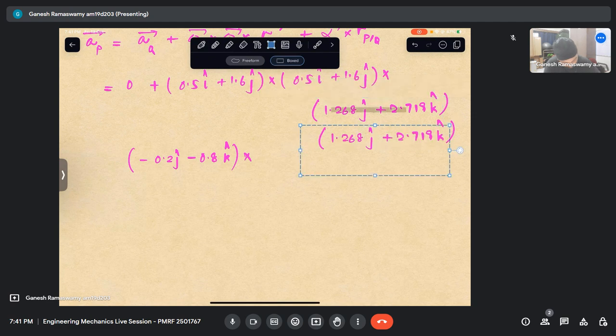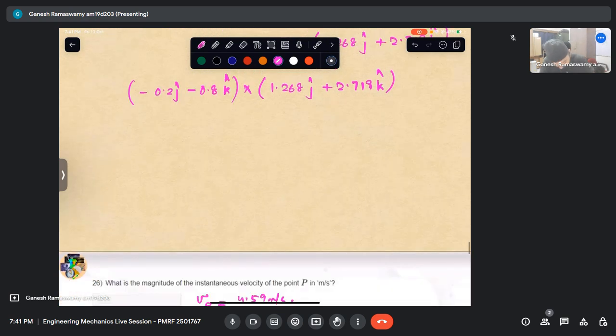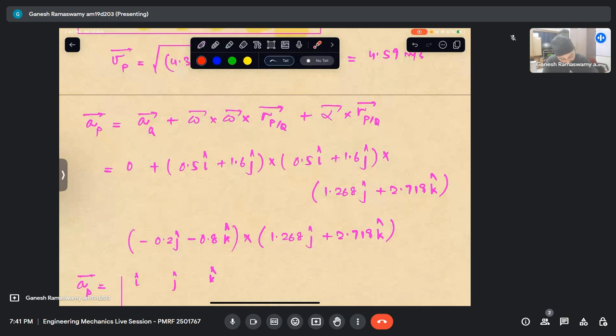So let me go ahead and do this. Acceleration of P will be, first I need i, j, k. Now we have already calculated this quantity, this omega cross r. We just calculated it as this, and then I just need to cross it with one more omega.